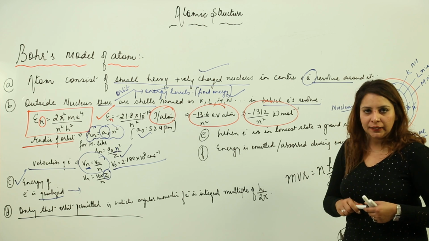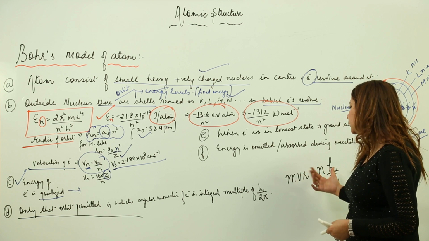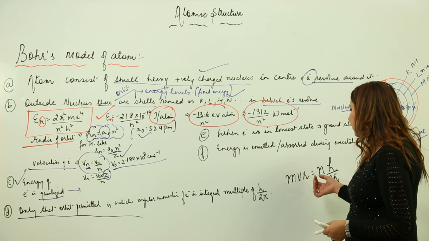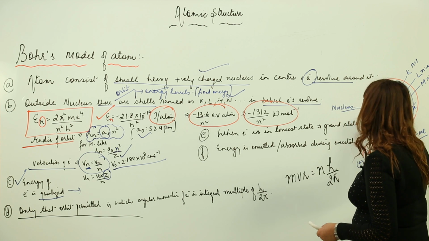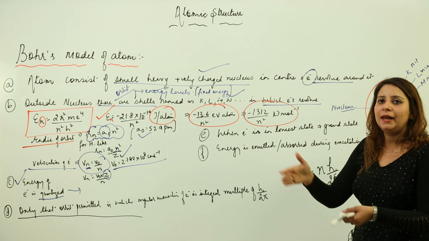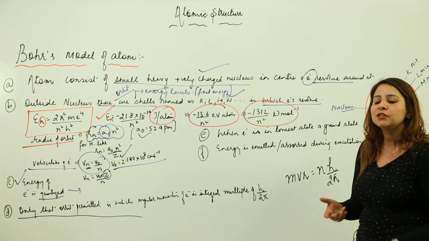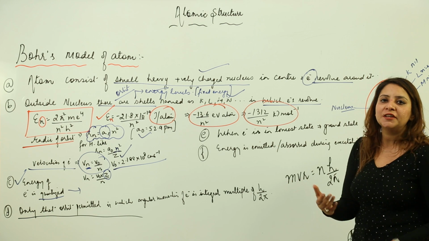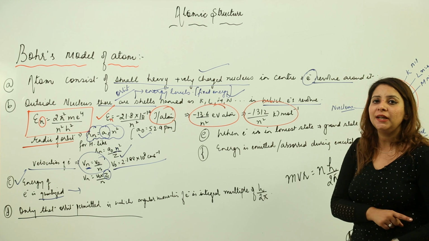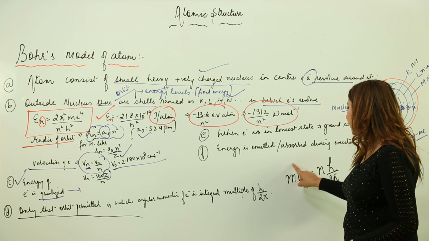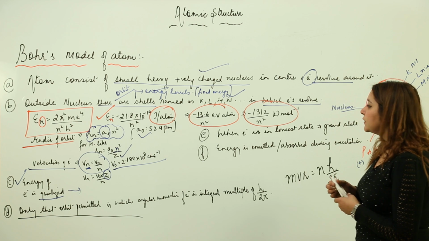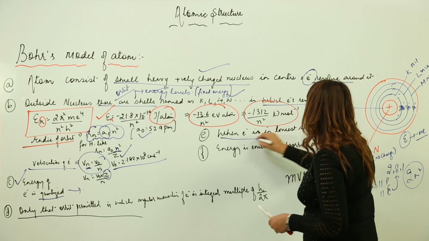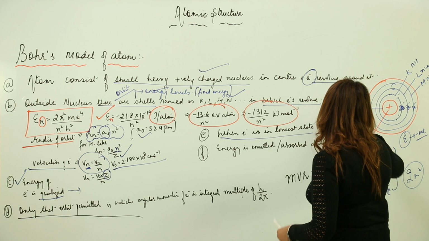So this is the mathematical expression that when the angular momentum becomes equal to an integral multiple of h over 2 pi, only that orbit can be made as K, L, M and so on. So it's not like any orbit you can imagine may exist. Only that orbit exists where the angular momentum of electrons comes out to be an integral multiple of h upon 2 pi.